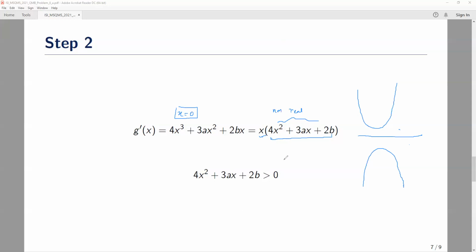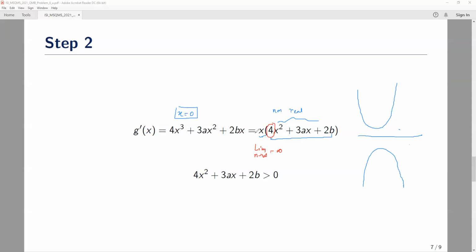Why is it greater than 0? Because if you take the limit as x tends to infinity, it will be infinity. But if it's less than 0, it will be minus infinity, because it actually depends upon the sign of the coefficient of x square. If it's positive, then it's positive.